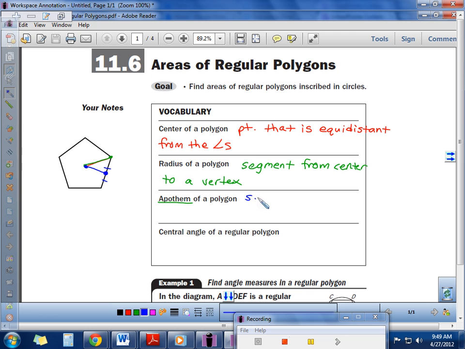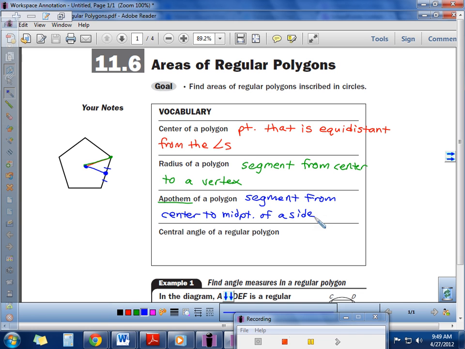So it's a segment from the center to the midpoint of a side. Not too bad.